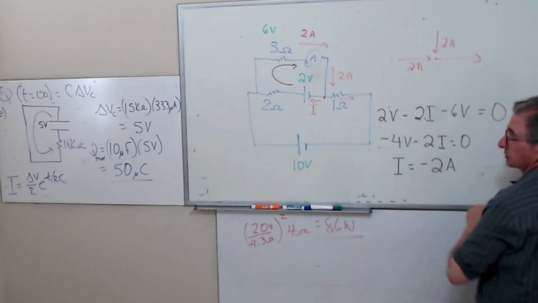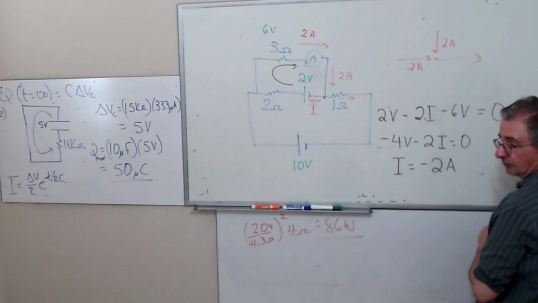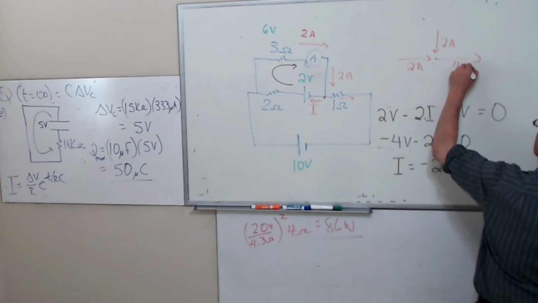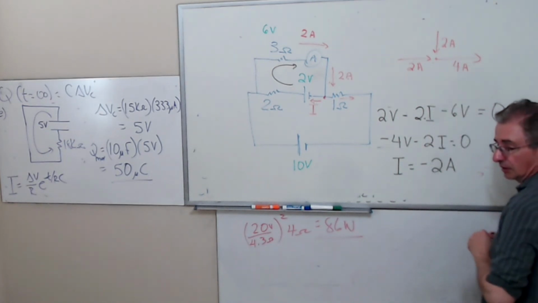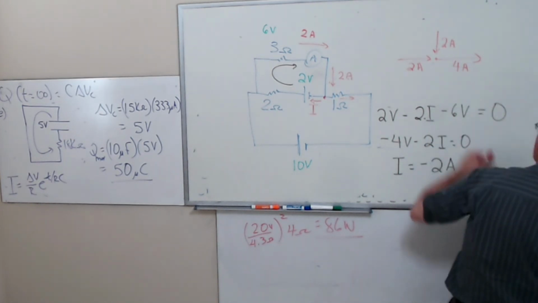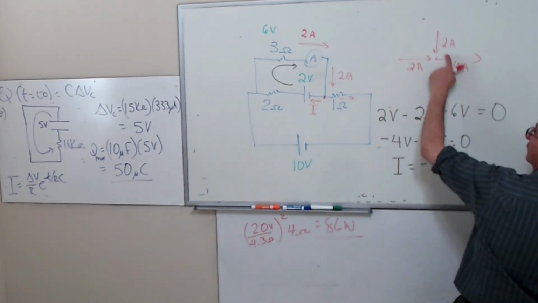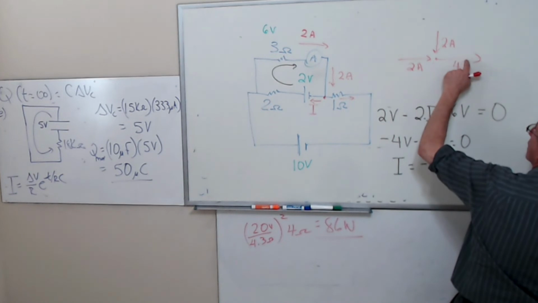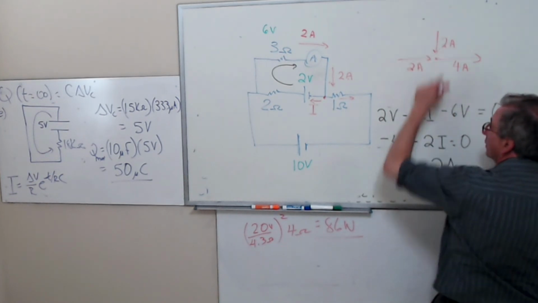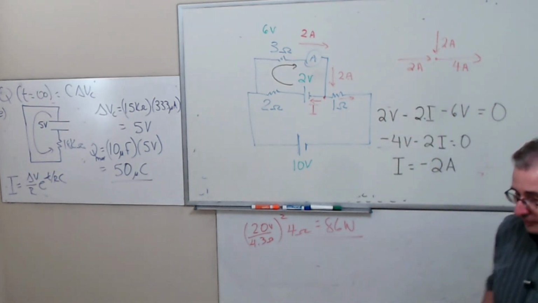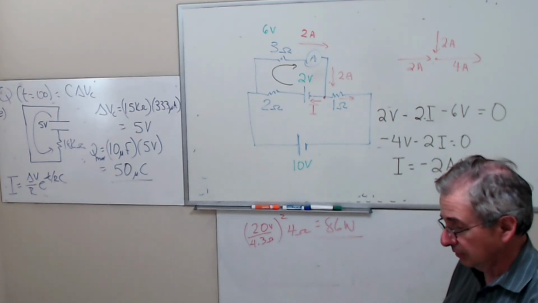How much goes out this direction? 4. If you have water flowing through this pipe and water flowing through this pipe, you're going to get twice as much going through here, right? If these two are equal, then the amount of water going through here is double either one of these two.